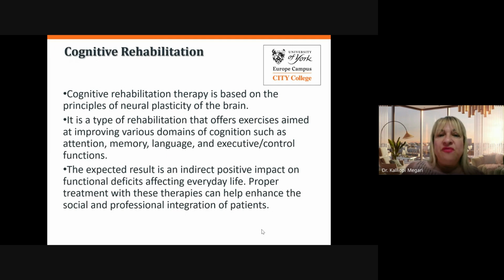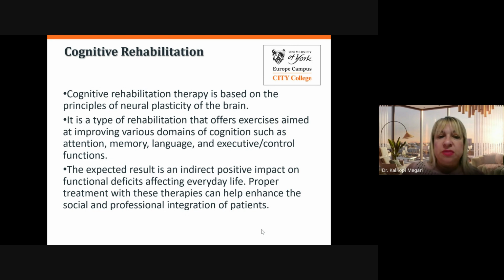It is a type of rehabilitation that offers exercises aimed at improving various domains of cognition, such as attention, memory, language, and executive and control functions. And the expected result is an indirect positive impact on functional deficits affecting everyday life.